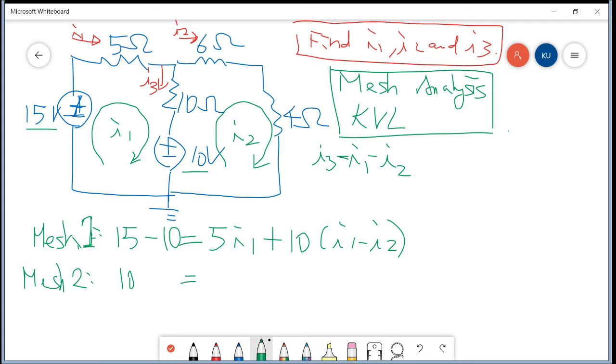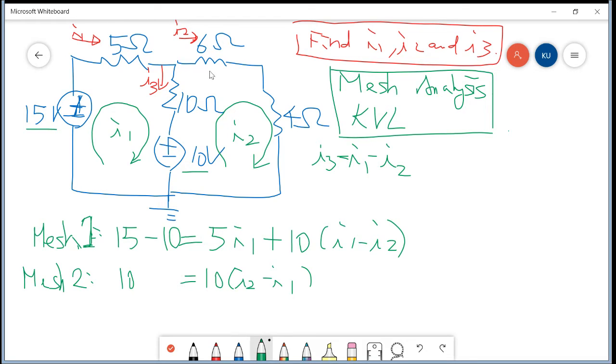So on the left hand side there's only 10, and for the right hand side, this 10 should be multiplied by I2. I2 is in this direction, and I1 is in the opposite direction. So we have I2 minus I1 multiplied by this 10 as the voltage drop.